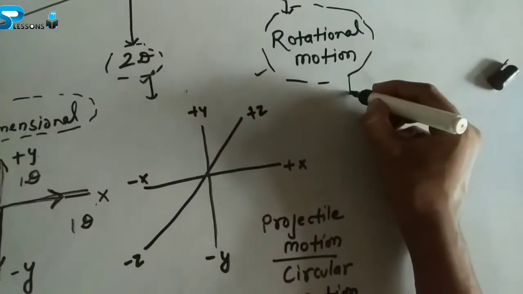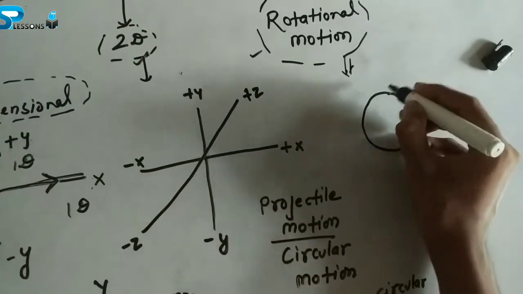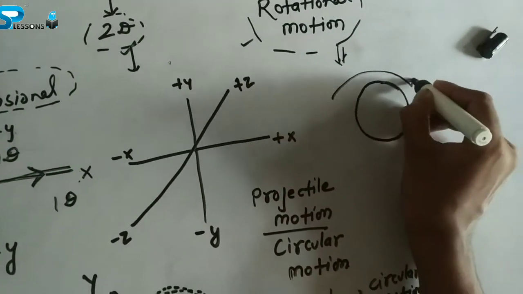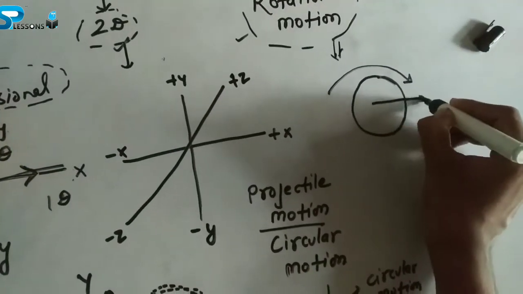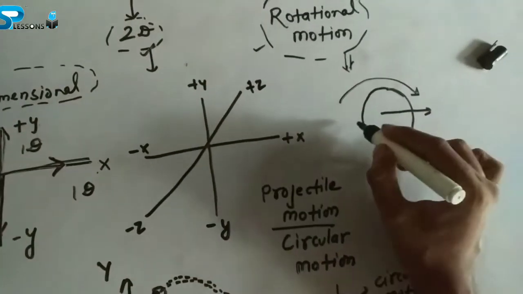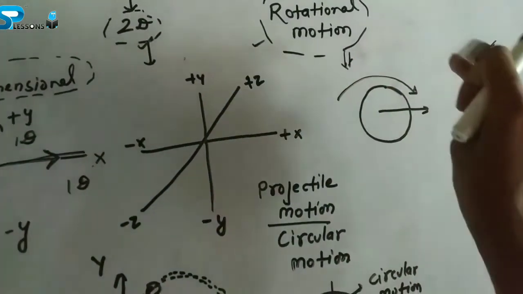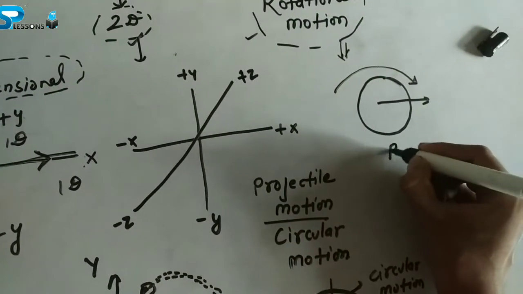Okay, rotational motion means it moves like this and this also. This is called rotational. This is circular and this is linear. This is one-dimensional and this is circular motion. So it is called rotatory motion.